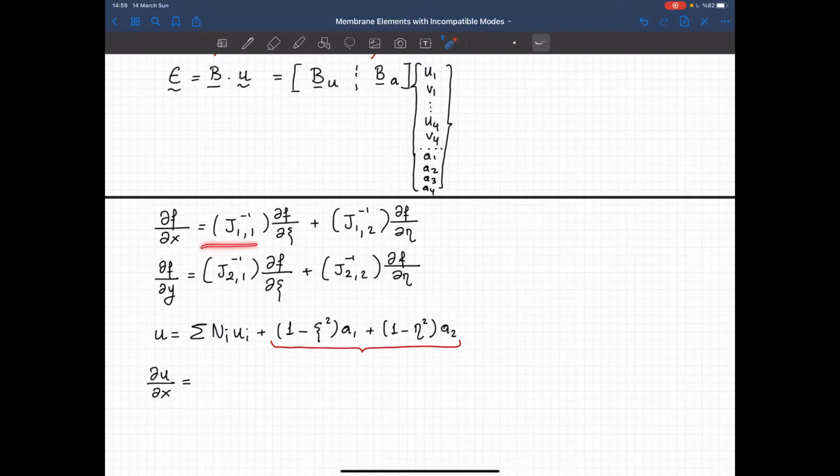So I'm using this approach, and this part will be equal to J11 inverse del f over del psi, so minus 2 psi multiplied by a1, plus J12 inverse del f over del nu will give me minus 2 nu A2.